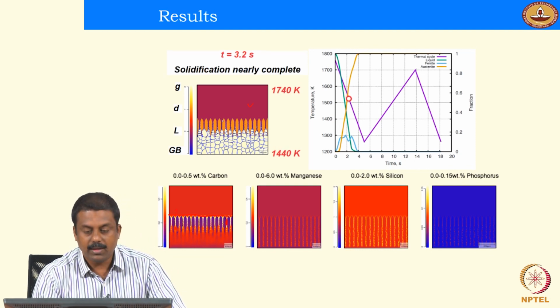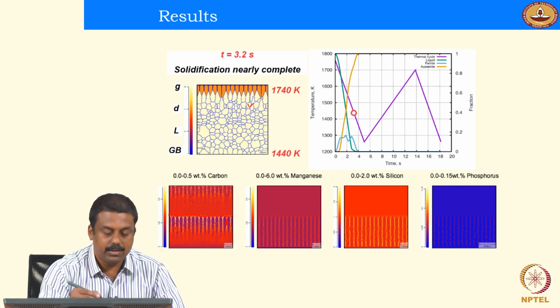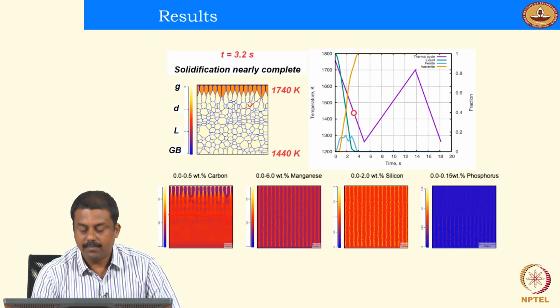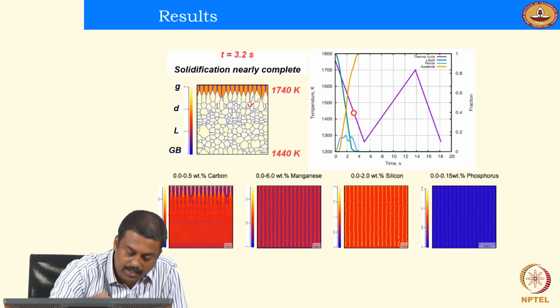Okay, and subsequently if you cool further and your solidification is getting completed, the segregation becomes very predominant. For example, in this case you still have some liquid left at this weld center line.